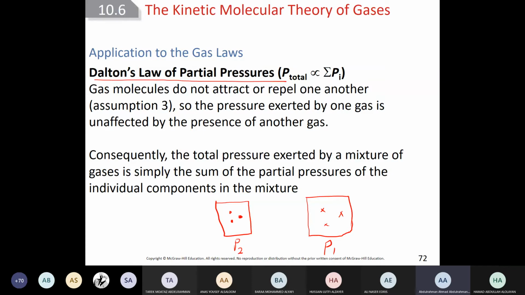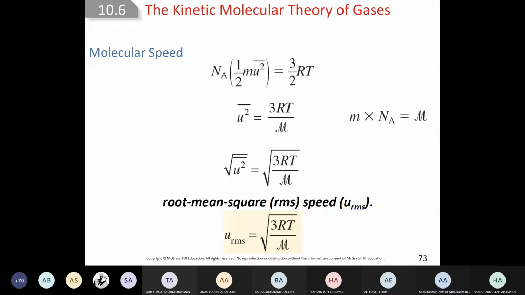If we mix them together, what will be the total pressure? P1 plus P2. Explain it from the kinetic theory. Because no molecule feels the other. Each molecule behaves as if there is no other gas, and that's why they will have exactly the same pressure regardless of whether the other gas is present. All the molecules don't feel each other. I hope this is clear.